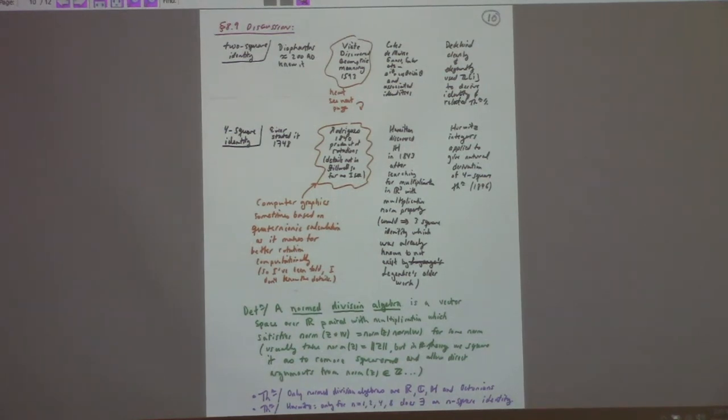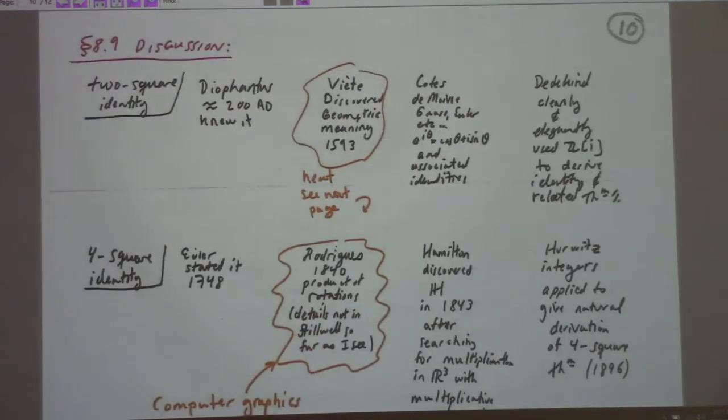So before I show you some of the details of Euler's argument, let's take a big look at the history here, which I think is interesting in and of its own right. This is my lecture 15 from number theory. So with the two-square identity, which I showed you last time, the history is pretty old. Diophantus, like 200 AD. I don't know how to pronounce any of these names.